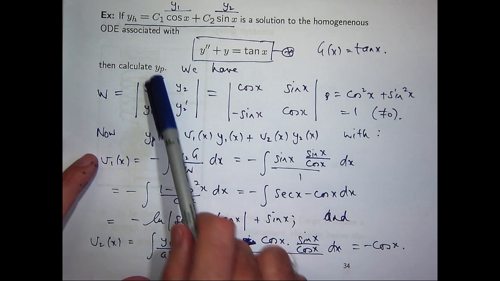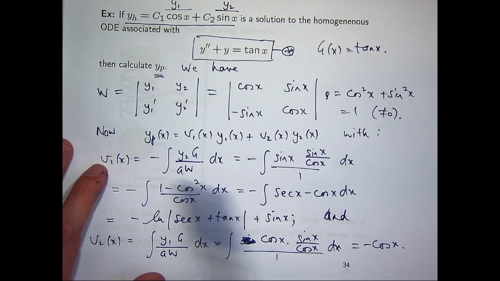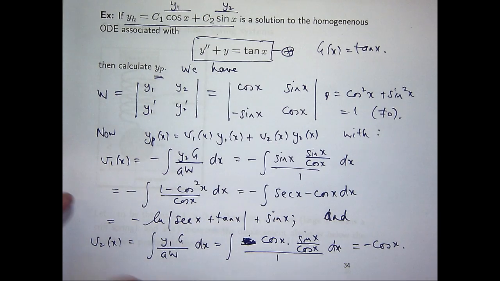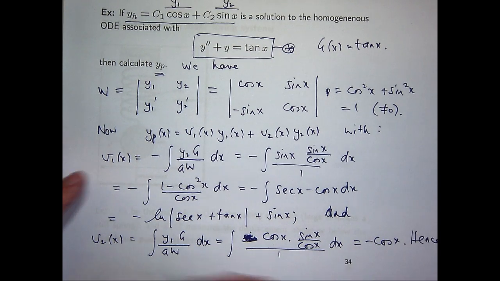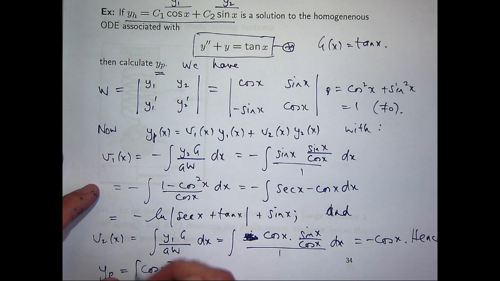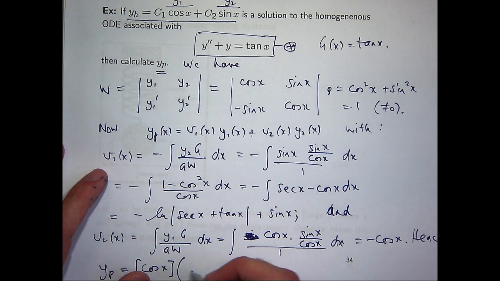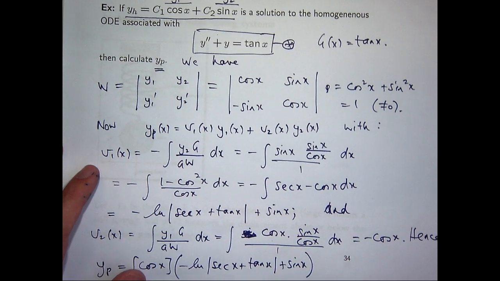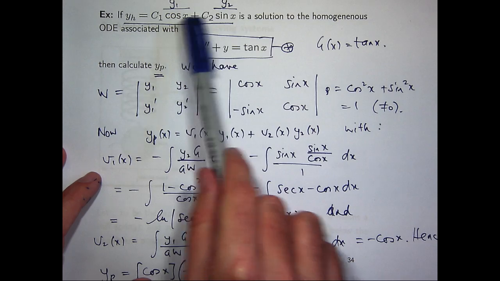So all I need to do now to calculate y sub p is take my v1, multiply it by y1, and take my v2, multiply it by y2. The first term is going to be something like this, and the second term is this times this.